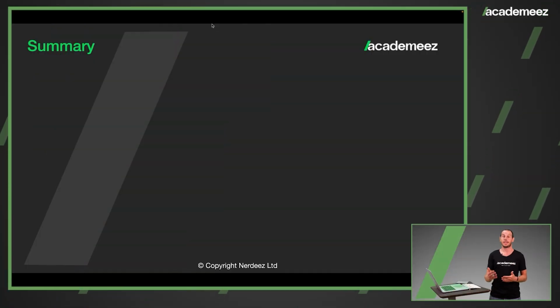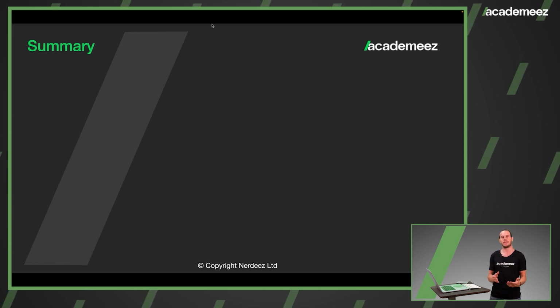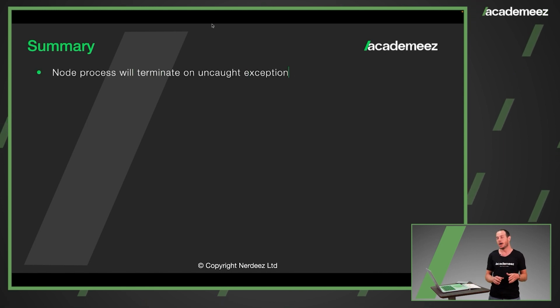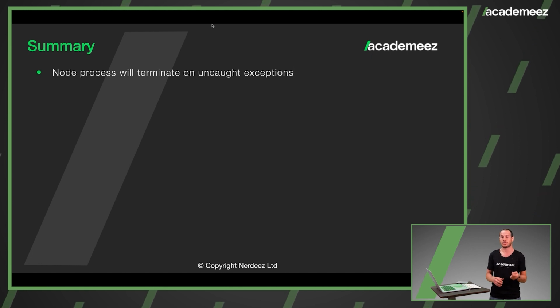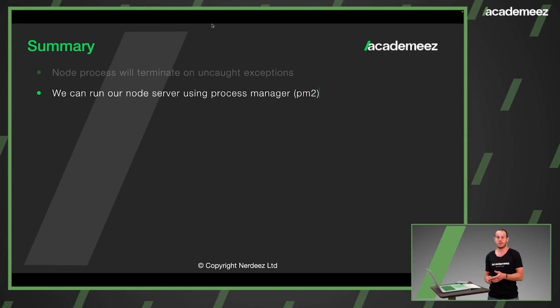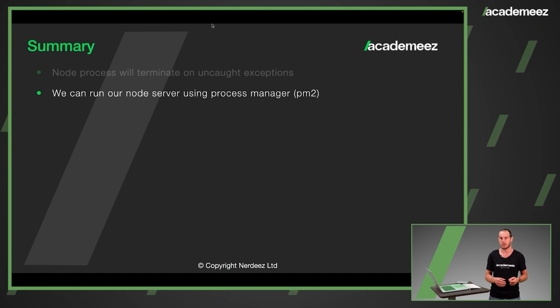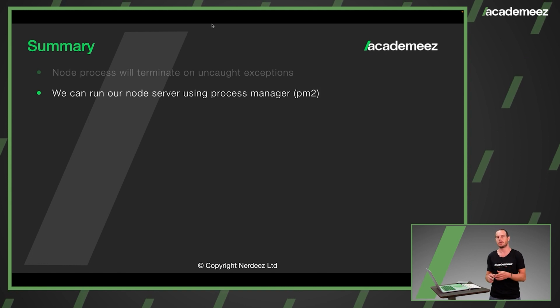Hope this lesson gave you some insights regarding how to deal with exceptions, a few ideas, best practices. So just to summarize this lesson, remember your node process will crash if you have an uncaught exception. So the first thing you should be aware of is that yes, you will have uncaught exceptions. You should run your node application, your server, with a process manager.